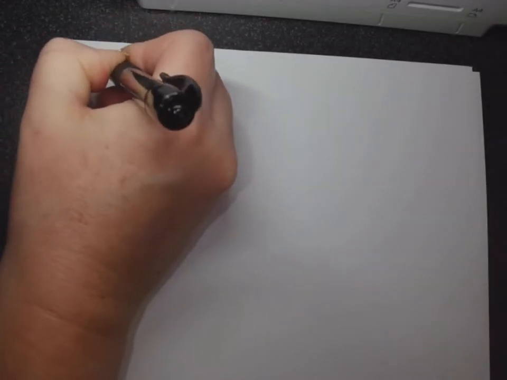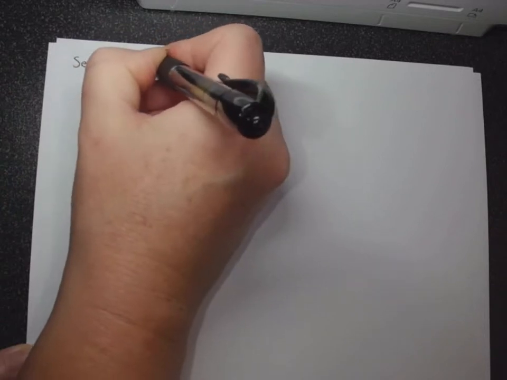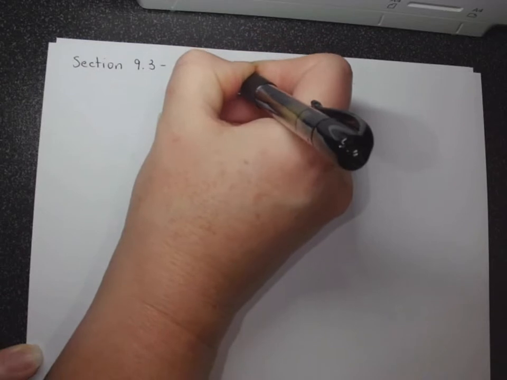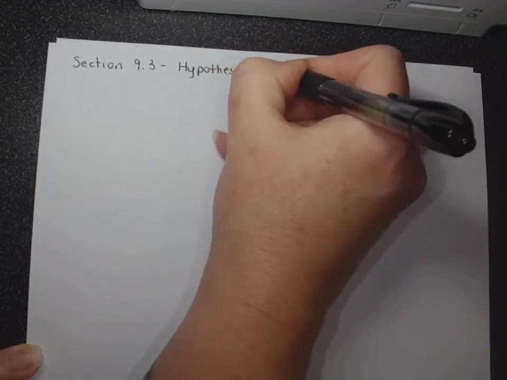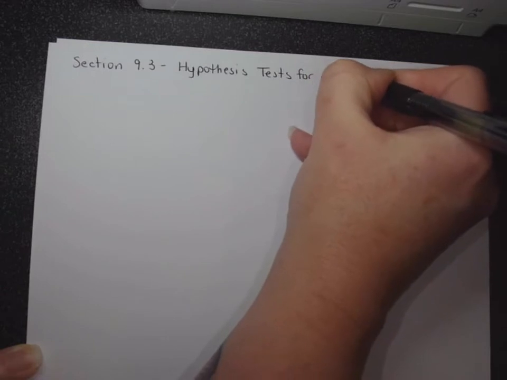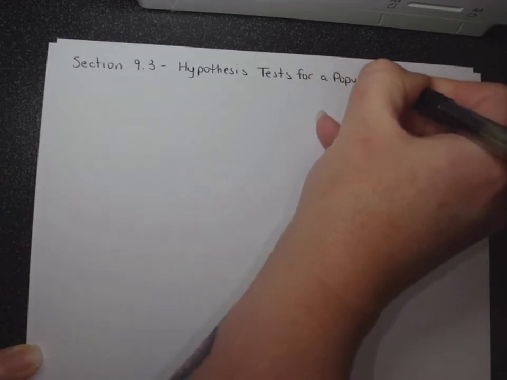So remember, in the last section, we looked at hypothesis testing when the standard deviation for the population was known. And so today we're going to look at the same for when we don't know the standard deviation.